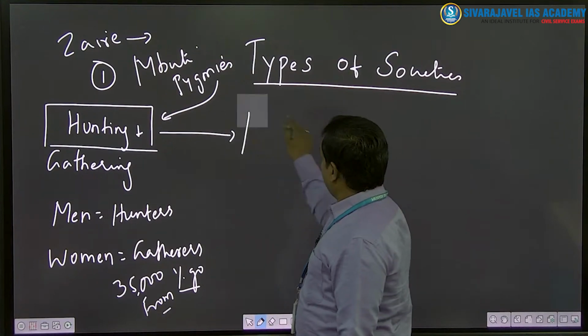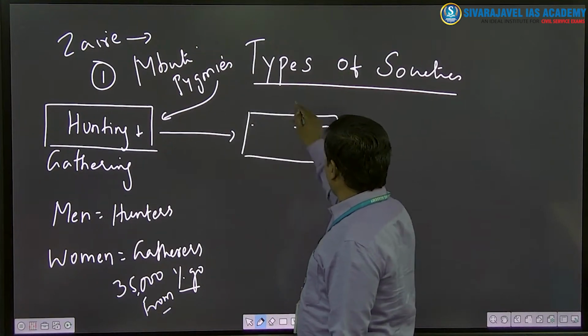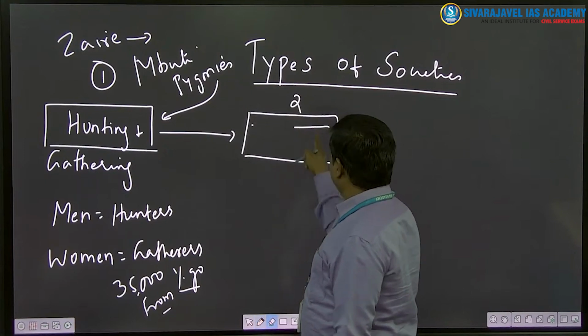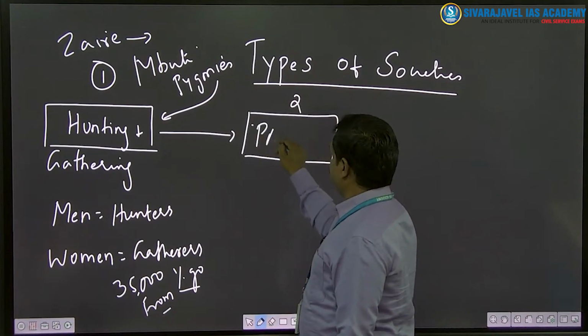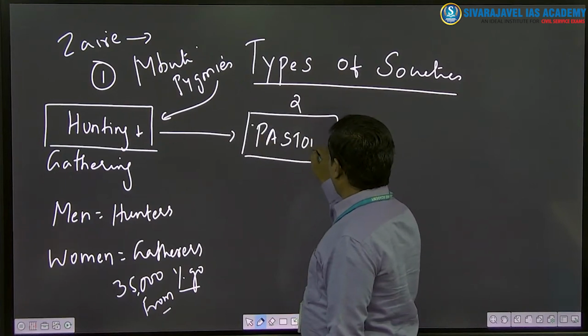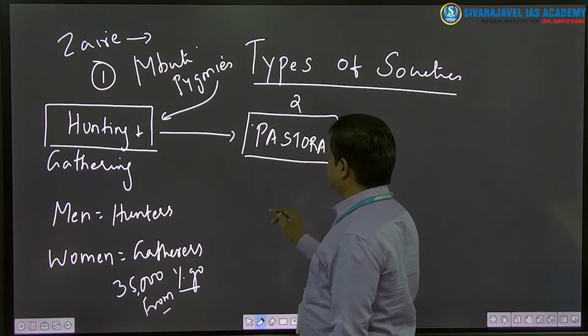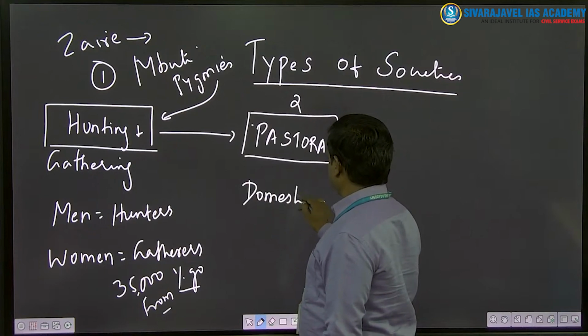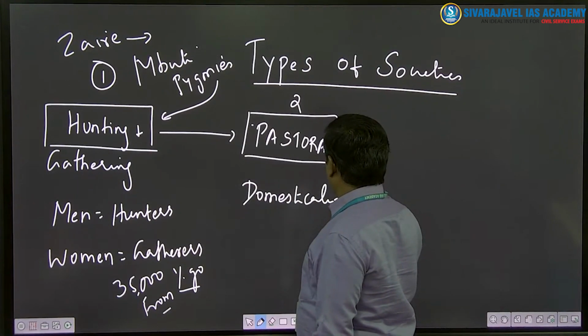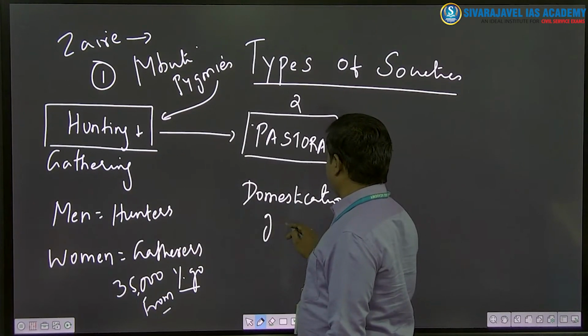Then there is the next society which is evolving. After this came the society called the pastoral society. Why? Because domestication of animals started. Animals were domesticated.